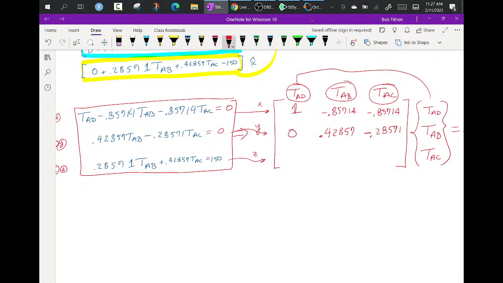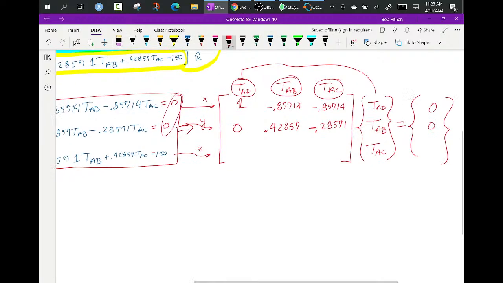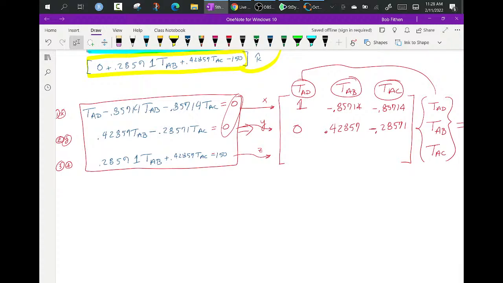Okay, lastly, let me go ahead and do this. What's on the right hand side here? 0 and 0. Just go ahead and list the third equation. TAD is non-existent in this one. TAB on the other hand, I'll get the extra scratching off there. Coefficient of TAB in that equation, 0.285 to 1.